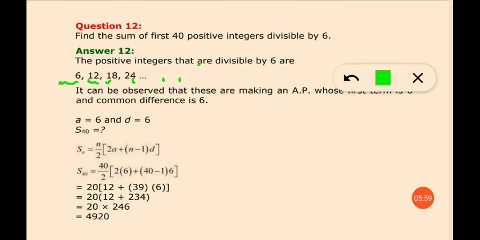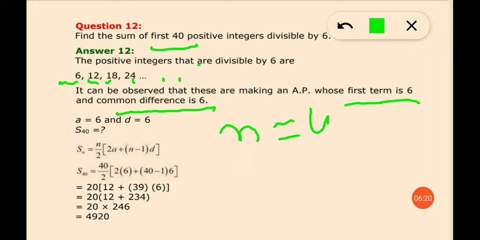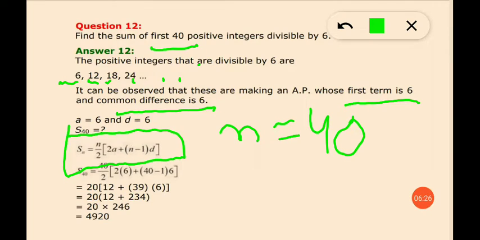Now, since it is an AP, we can apply the formula of the sum of n terms of an AP, whose first term is 6 and common difference is also 6. And we know that first 40 means n is equal to 40. So we will use the formula Sn is equal to n by 2, 2a plus n minus 1 d.